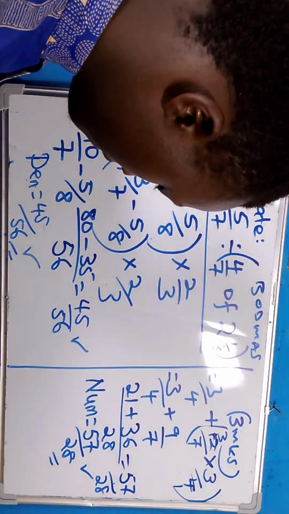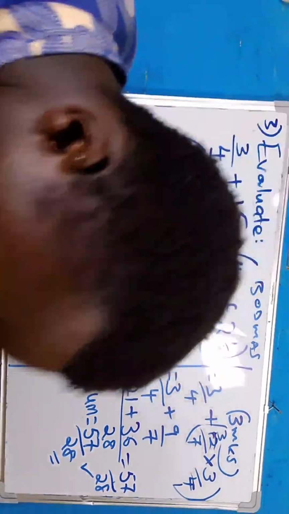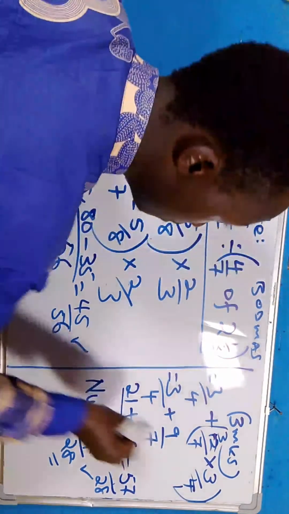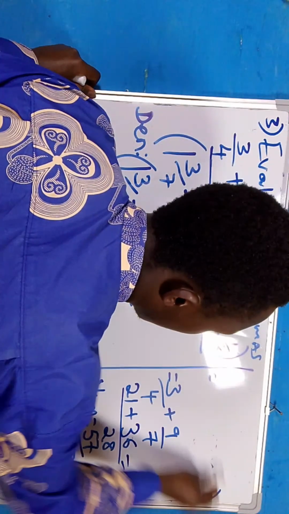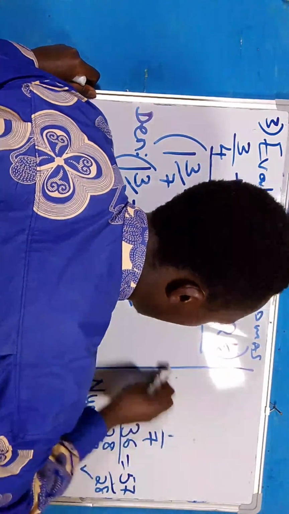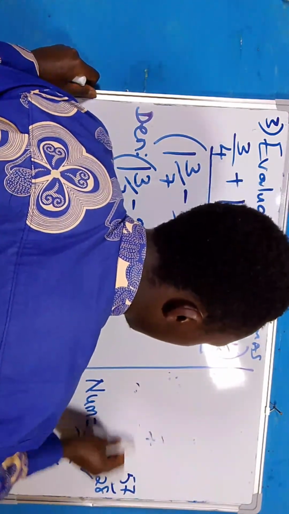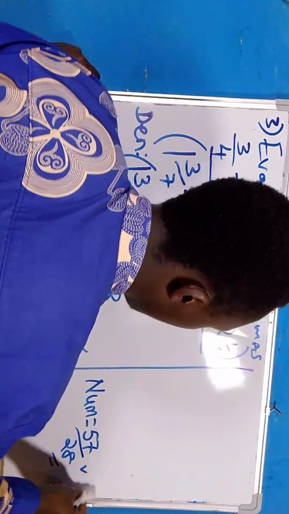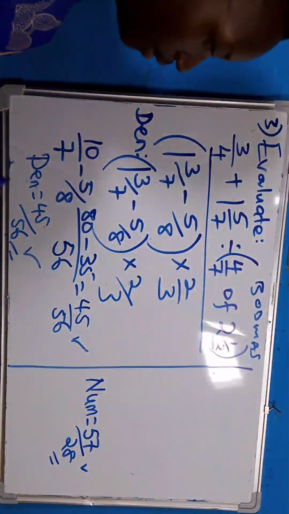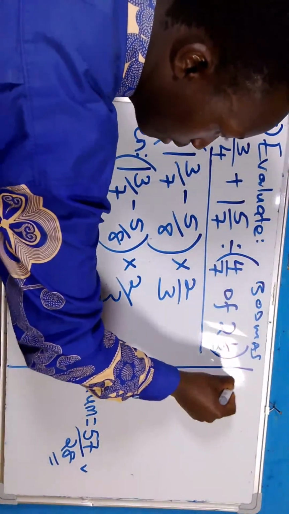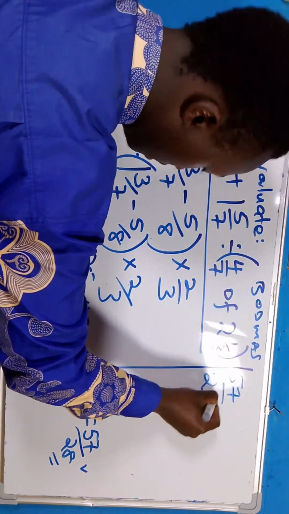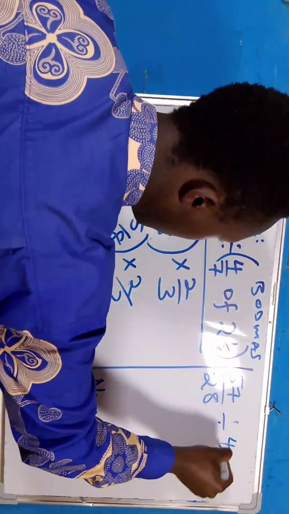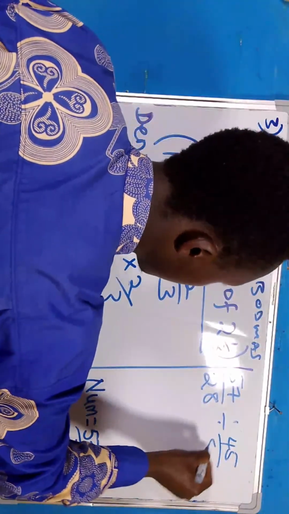Getting our denominator as 45 over 56, we will now determine our final answer, which is the numerator divided by the denominator. Our numerator is 57 over 28 divided by 45 over 56.